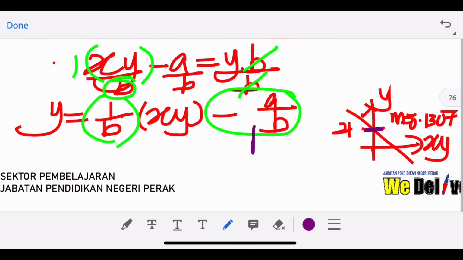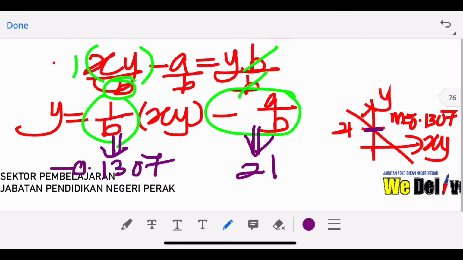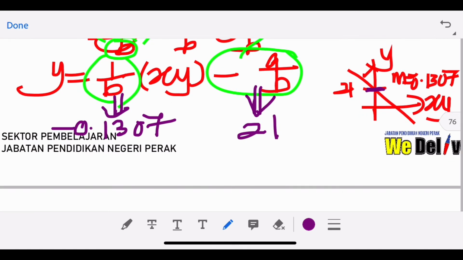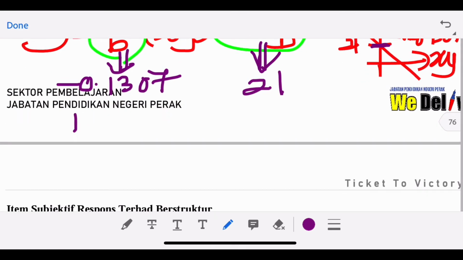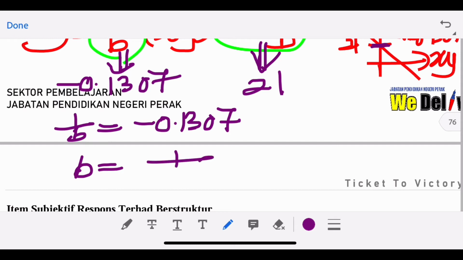21, so that means this value will be equal to 21, and the gradient we got is negative 0.1307. So that means we have to write down 1 over B is equal to negative 0.1307. Hence, B is 1 over negative 0.1307.